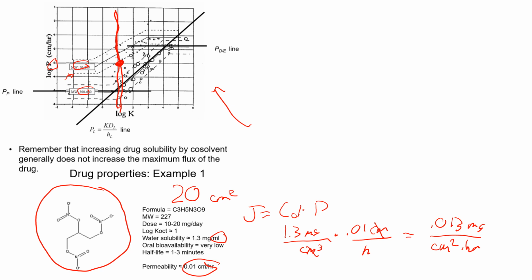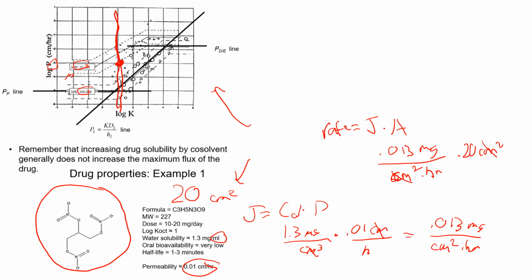If you remember, rate is equal to flux times area. Area we gave ourselves, it says 20 centimeters squared. So if we do 0.013 milligrams per centimeter squared per hour, times 20 centimeters squared, 0.013 times 20, we get 0.26 milligrams per hour.